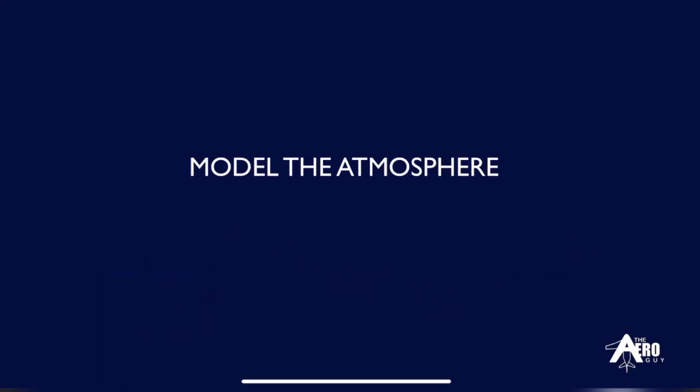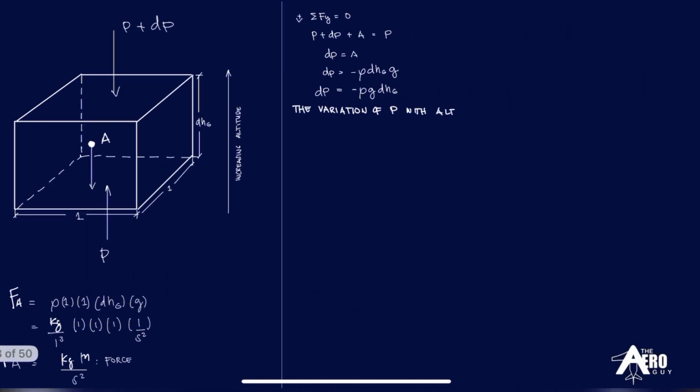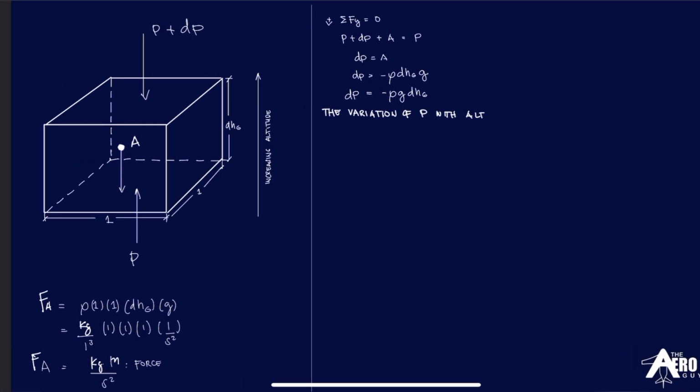In modeling the atmosphere, we need to do some simplifications, one of which is the assumption that the atmosphere is static. And when we assume that the atmosphere is static, we may be able to use the hydrostatic equation to visualize how pressure changes with the height or the altitude of the Earth.